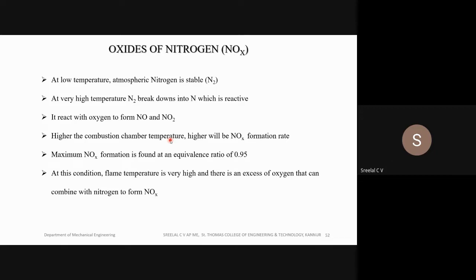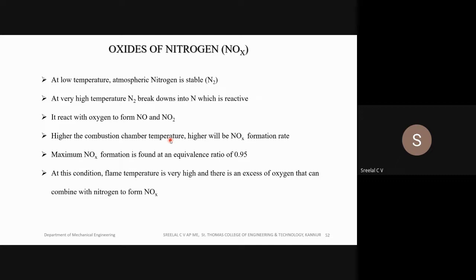But at a high temperature, this diatomic molecule of nitrogen breaks down into N. This monoatomic nitrogen is very much reactive, and it reacts with oxygen to form NO and NO2.